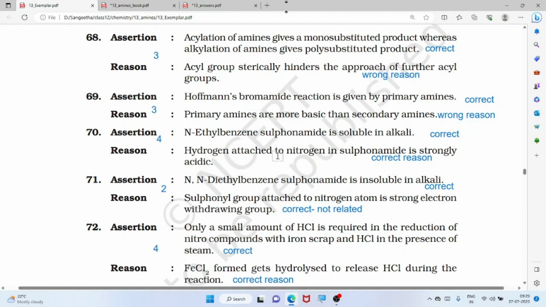N-ethyl benzene sulfonamide is soluble in alkali. Okay, this is correct. Hydrogen attached to nitrogen in sulfonamide is strongly acidic. Okay, correct reason.